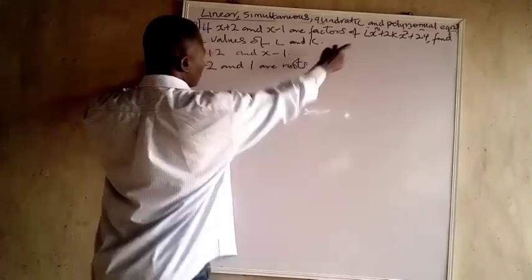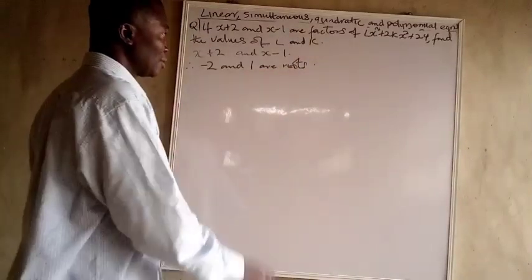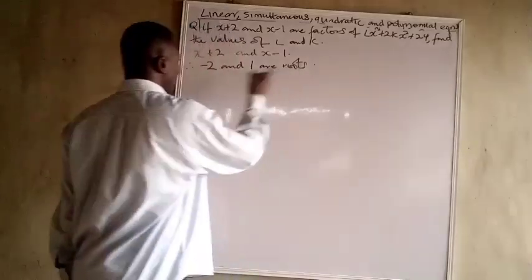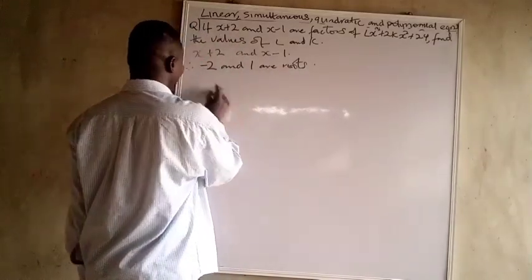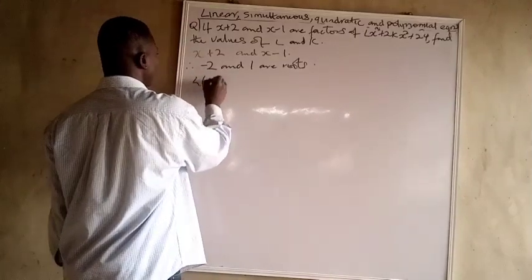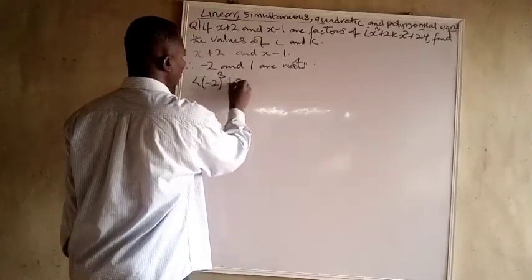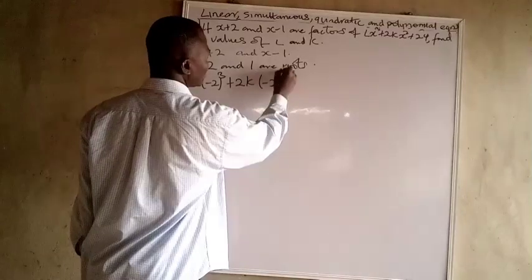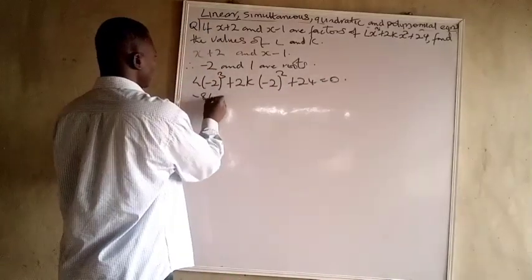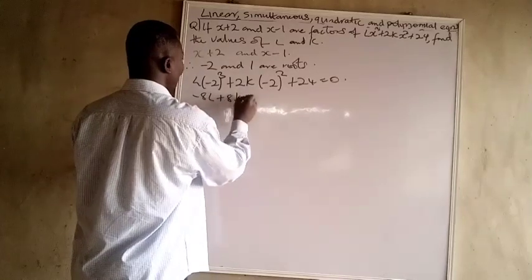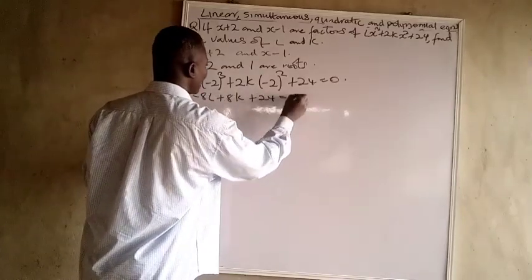That is, we make that expression 0. So let's substitute minus 2 and 1 for x. Let's try. So we have L into minus 2 cubed plus 2k into minus 2 squared plus 24 equals 0. So I have minus 8L plus 8k plus 24 equals 0.